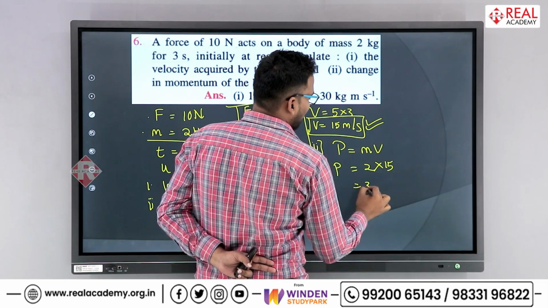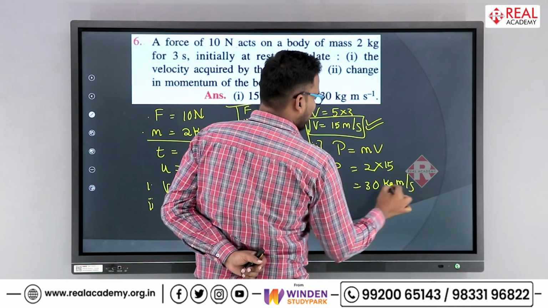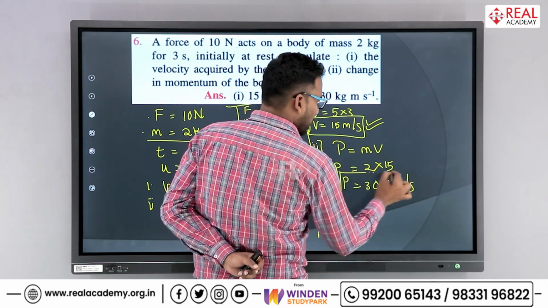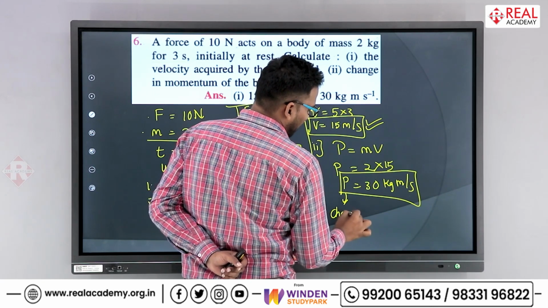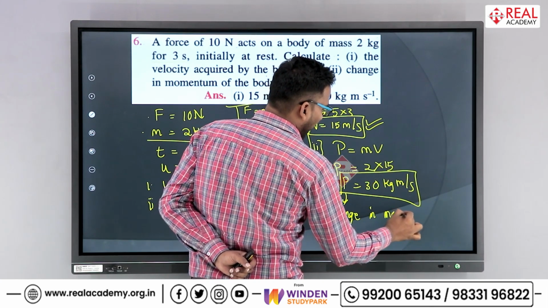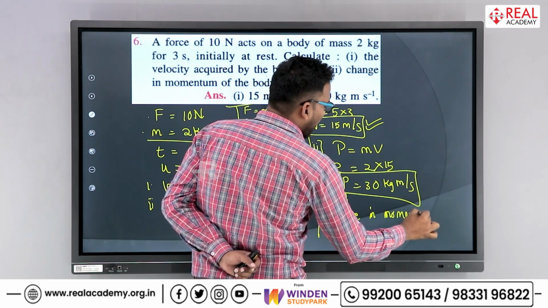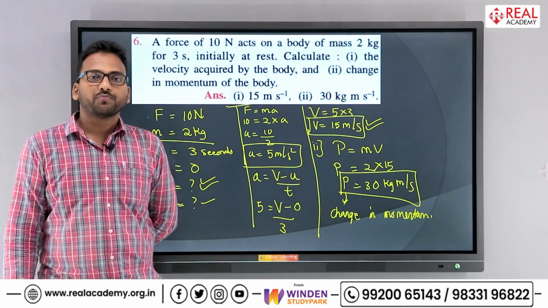So 2 into 15 is 30 kg meter per second. This is the required change in momentum. Clear?